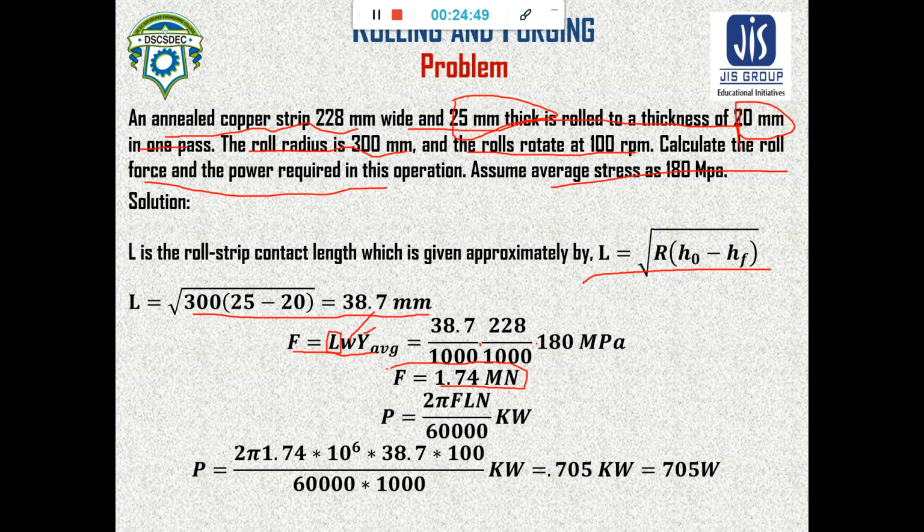That is the force required for getting this type of reduction in a single pass. Now the power requirement is given by 2 pi F L N by 60,000, in kilowatts. Putting the values here, we got 0.705 kilowatt, that gives us 705 watt. So these two are the results.